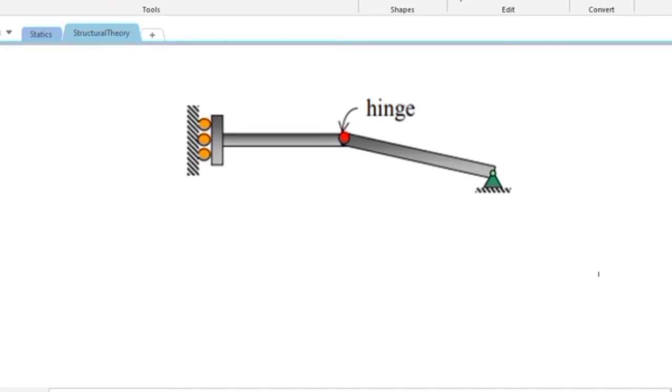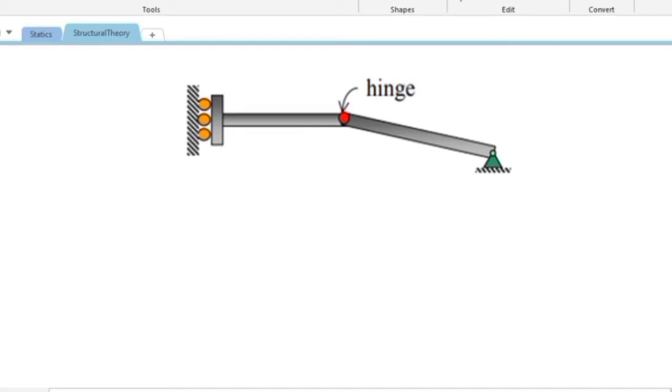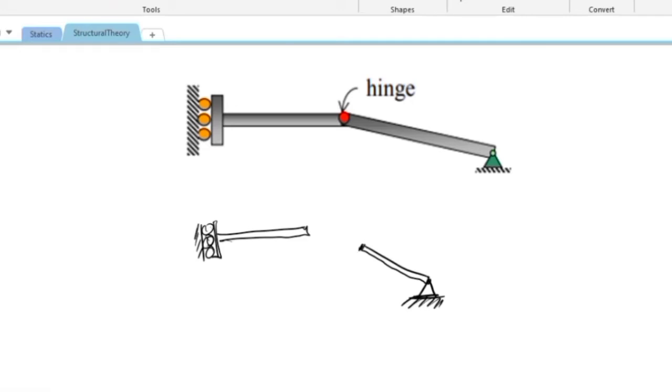Okay. Kung makikita natin dito, we have 2 members. Isa-separate natin yung 2 members para ma-expose natin yung reaction natin dito sa internal hinge. So, for the reactions, we have here a slider. So, slider, meron tayong dalawang reactions. So, sa hinge, we have 2 reactions.